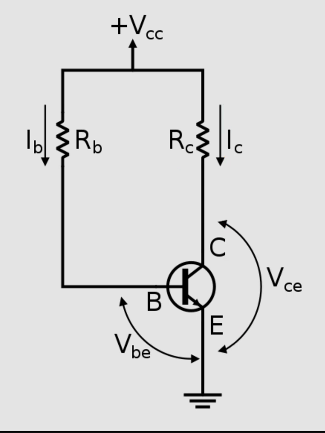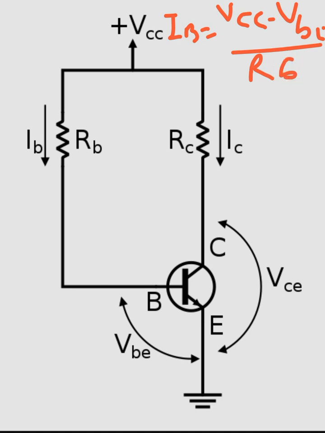Since these two resistors are used to draw the currents from the supply VCC, we are able to set the currents in the circuit. Those currents are IB and IC. So IB would be equal to, from Kirchhoff's voltage law, VCC minus VBE divided by RB.